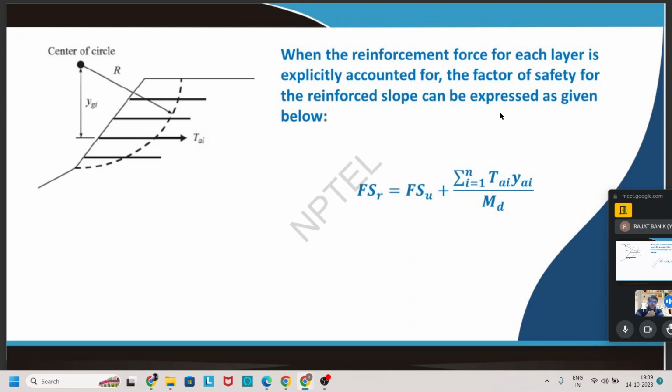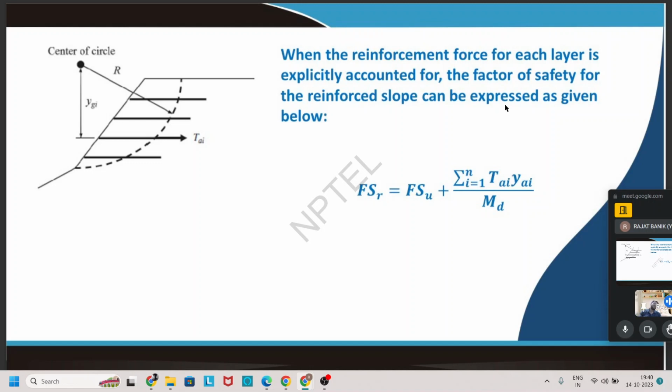It is said that when the reinforcement force for each layer is explicitly accounted for, the factor of safety for the reinforced slope can be expressed as given below: the normal factor of safety for the reinforced slope, plus the summation of the tensile force of each layer, T_i, into y_i, that is the lever arm from the center of the failure surface, divided by the driving force.